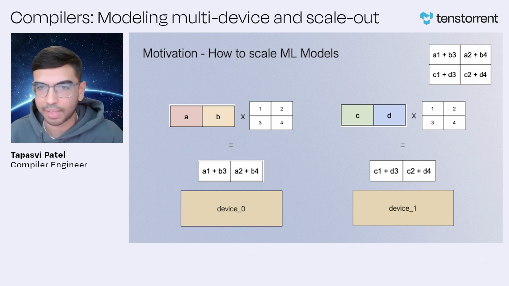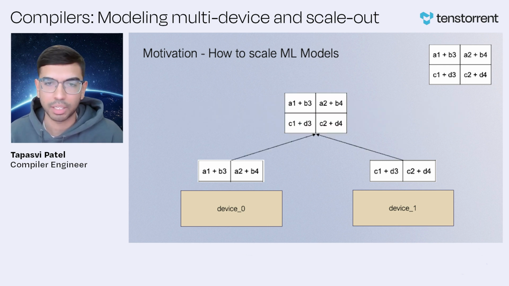So just visually looking at this, you can see that the result matrix is split across its outer dimension on both these devices. So we can effectively combine both of these results, or concatenate them on the outer dimension, to get our final resultant matrix. So effectively, we've parallelized this operation across 2 devices.